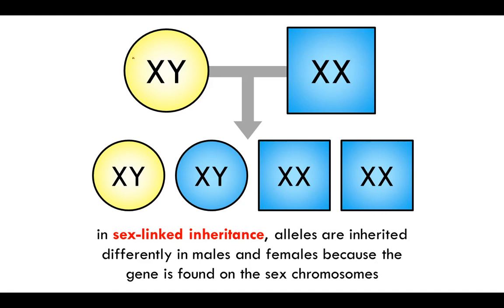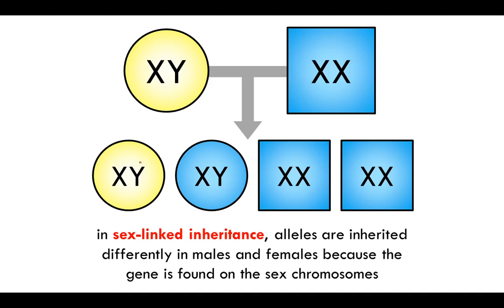So if we have a yellow father, XY, and a blue mother, let's say that the offspring are two blue females, one blue male and one yellow male. Okay? This doesn't make sense according to any of the other forms of dominance unless we understand that the X or Y chromosome is carrying that gene.